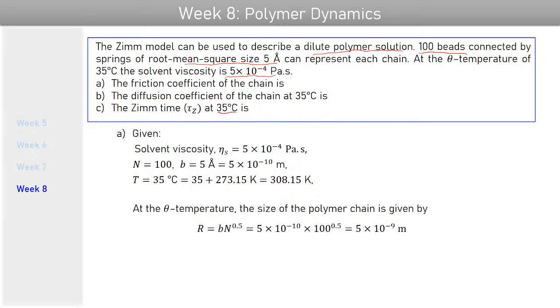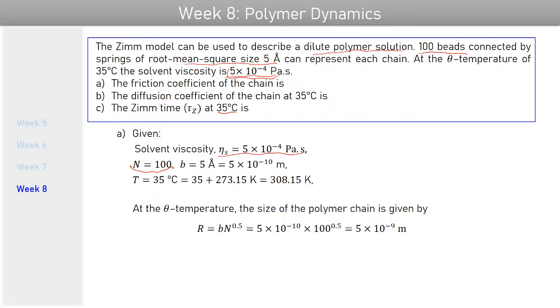So this is the information that is given to us, we can first list that information down. Solvent viscosity at the given temperature of 35 degrees is given as 5 into 10 minus 4 pascal second. The number n of these Kuhn monomers, let's say, which are the springs that connect these beads, that's given.